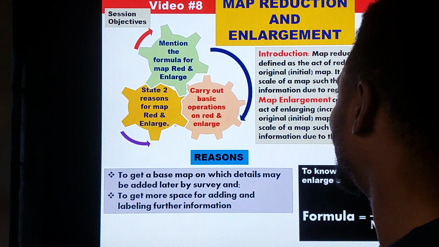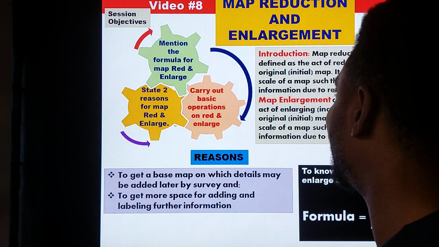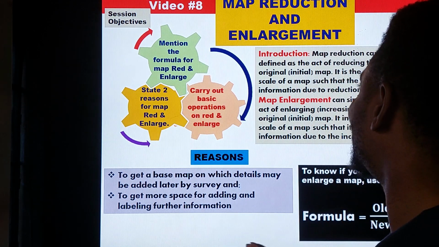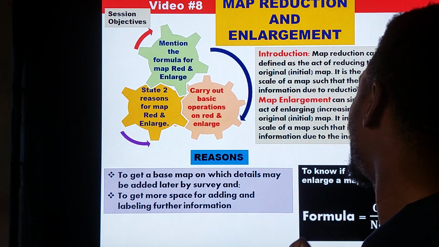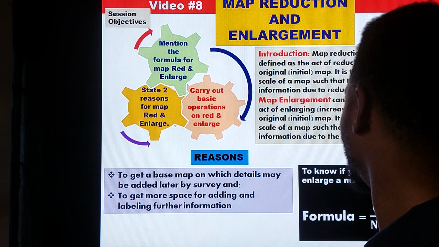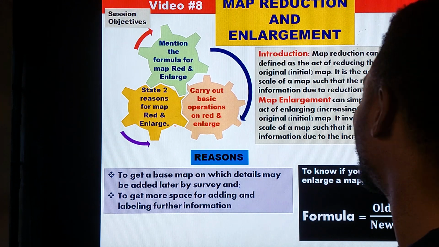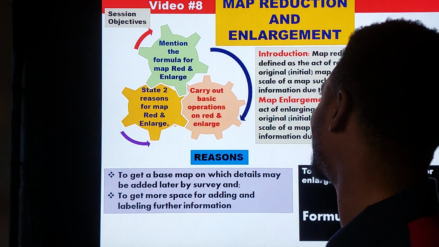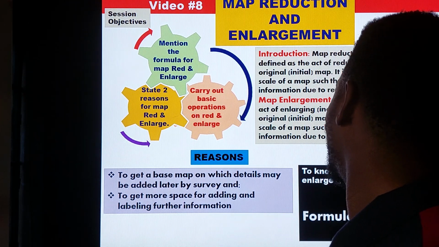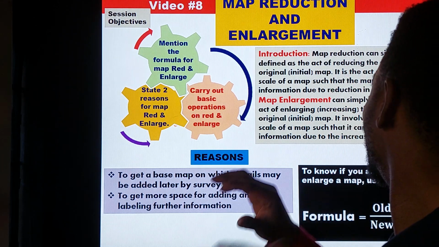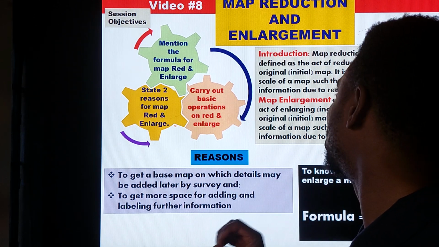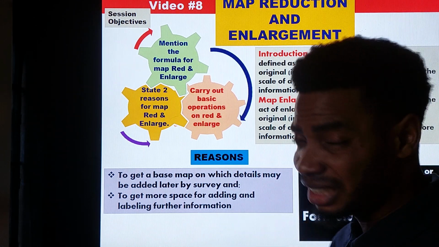So let's look at the introduction. Map reduction can simply be defined as the act of reducing the size of the original map. It is the act of increasing the scale of a map such that the map contains less information due to reduction in size.